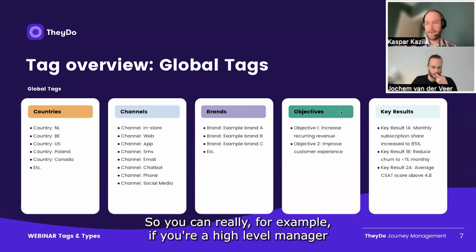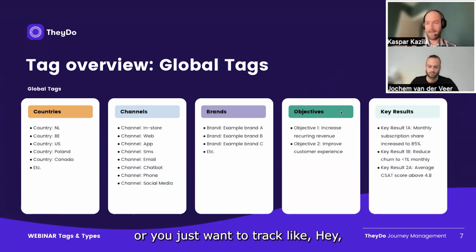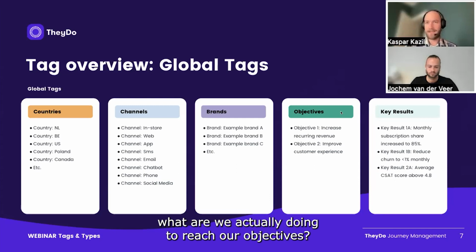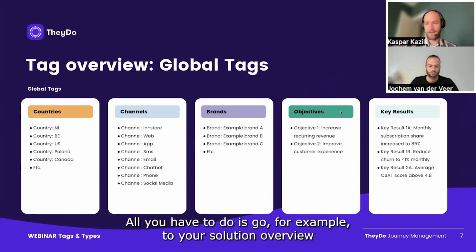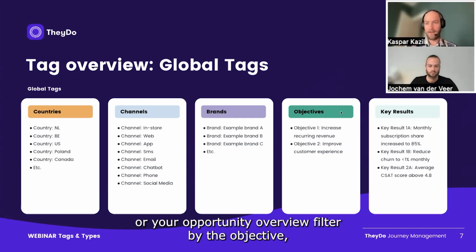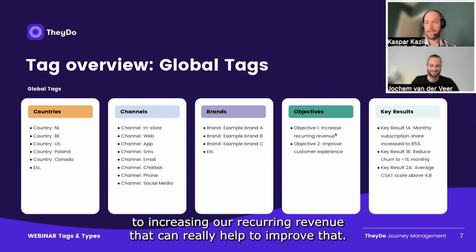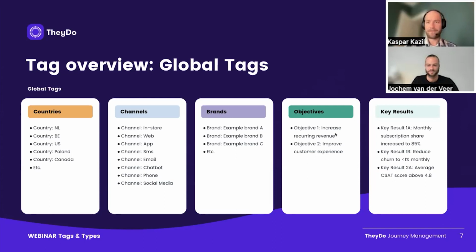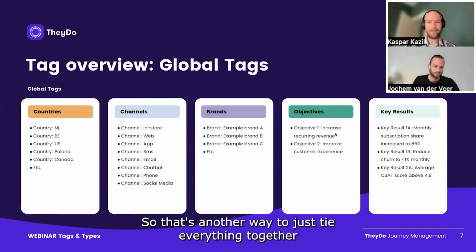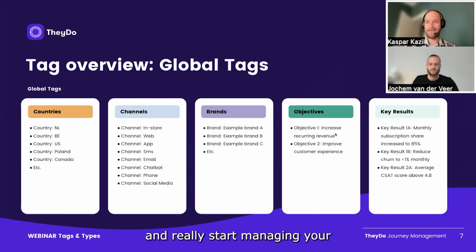So if you're a high-level manager or you just want to track, hey, what are we actually doing to reach our objectives? All you have to do is go, for example, to your solution overview or your opportunity overview, filter by the objective, and then you can see, oh yeah, we have 3 or 4 opportunities related to increasing our recurring revenue that can really help to improve that. So that's another way to just tie everything together and really start managing your customer experience.